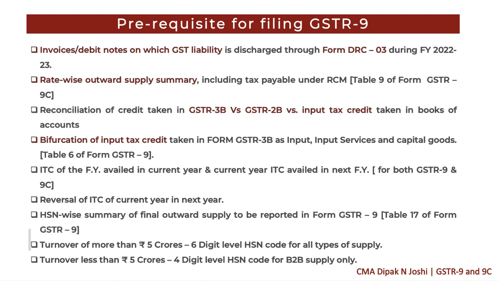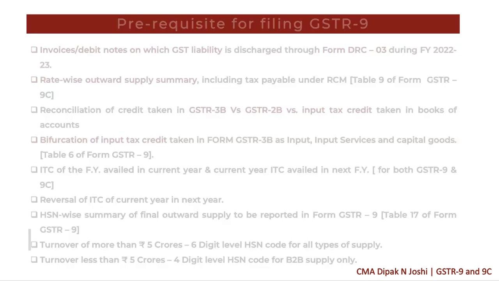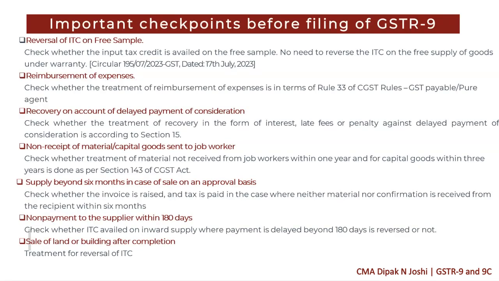Now let's jump to the third part. These are some exceptional transactions, and you will never find these transactions on the surface. These are the transactions which you will find in books of accounts or records which are maintained by the registered person under section 35.